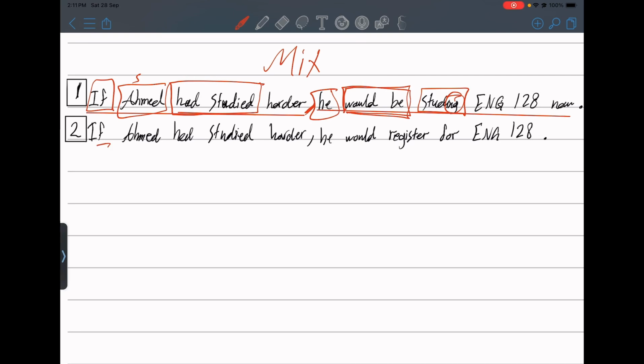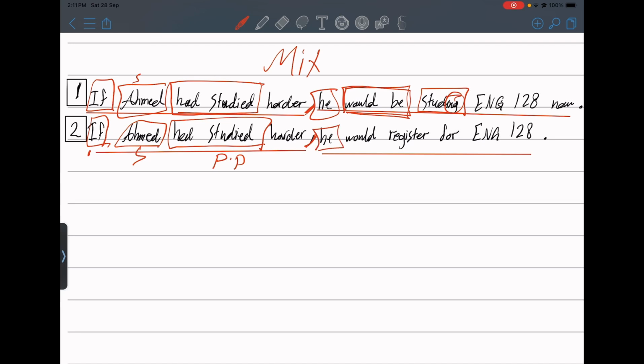The second one, if Ahmed had studied harder, he would register for ENGL128. So we have if, the main thing, Ahmed, the subject, had studied, had plus past participle, and we have part 2 with the comma, he, the subject, would, present simple. So this is the mixed conditionals.